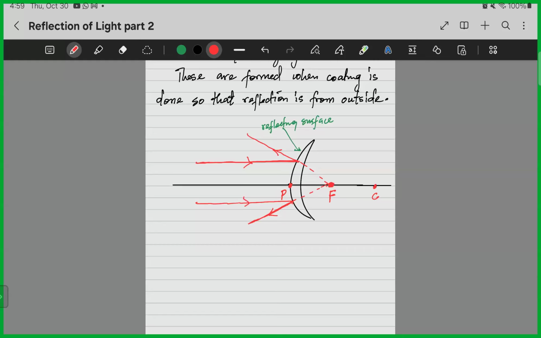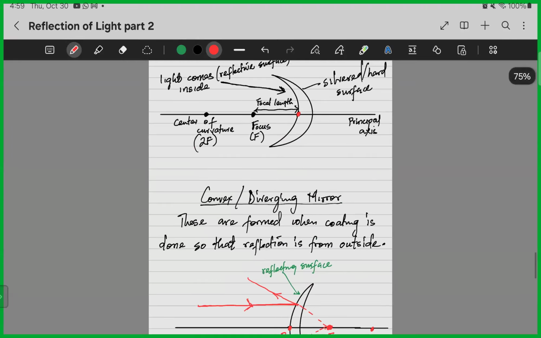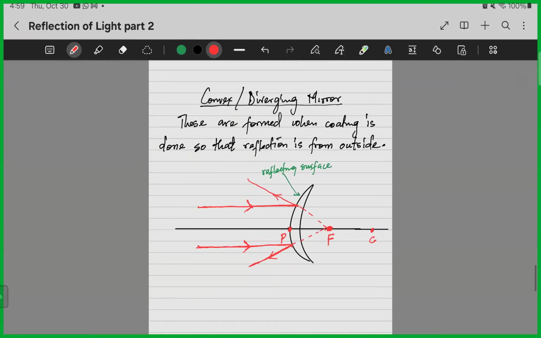So we'll explain, but just get this as the fundamental diagram of how the convex mirror works for now. And then you will start seeing clearer pictures as we go on explaining concave and convex mirrors.